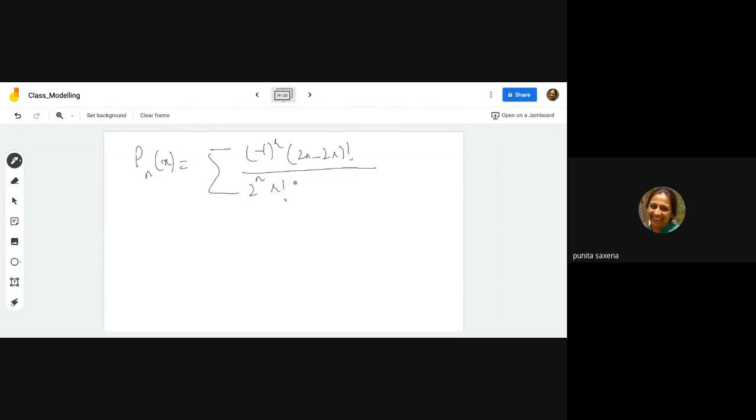So what do I have? r factorial into n minus r factorial into n minus 2r factorial x to the power n minus 2r, where r varies from 0 to either n by 2 or n minus 1 by 2, depending upon whether my n is even or odd. So you have both the formulas as same. Is this clear?